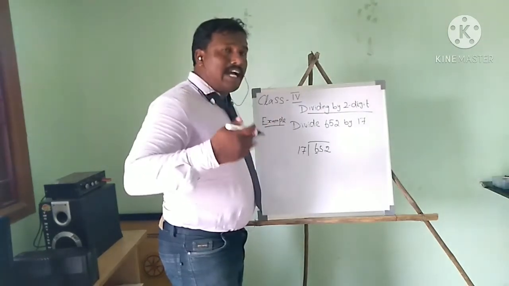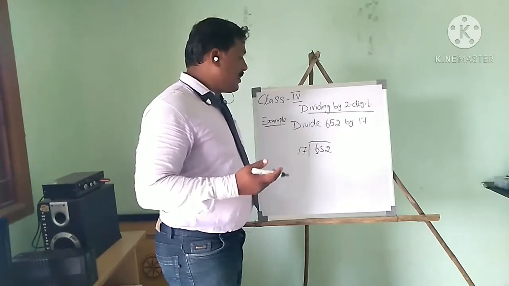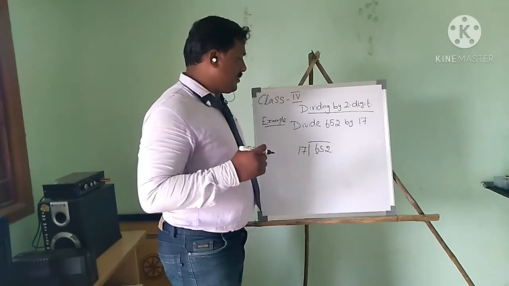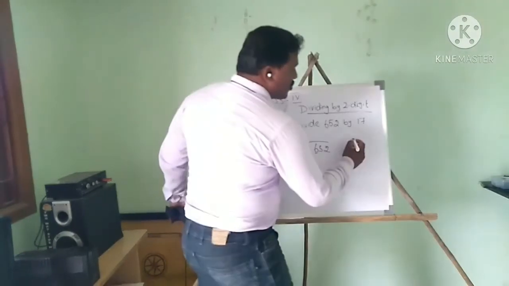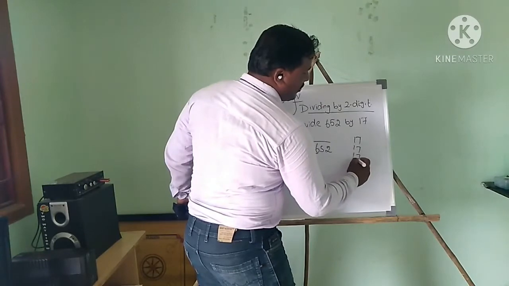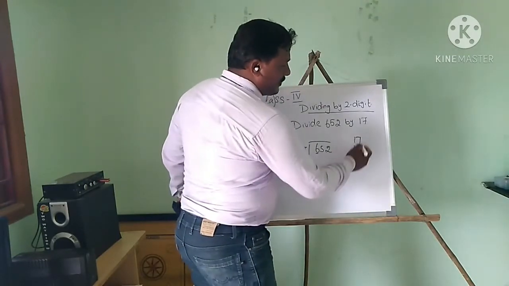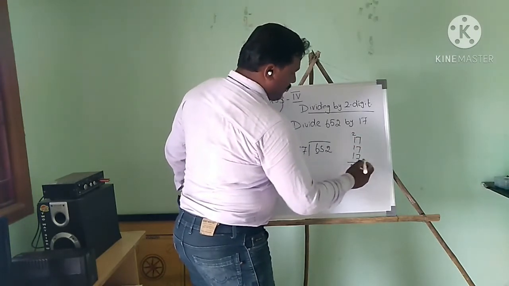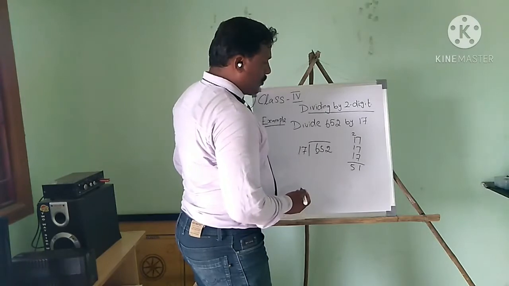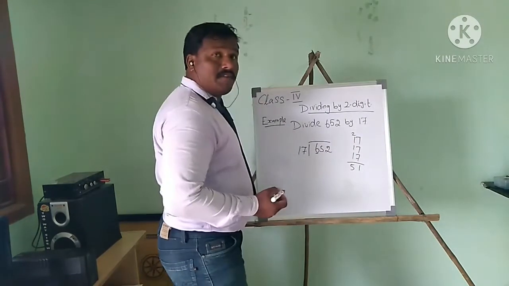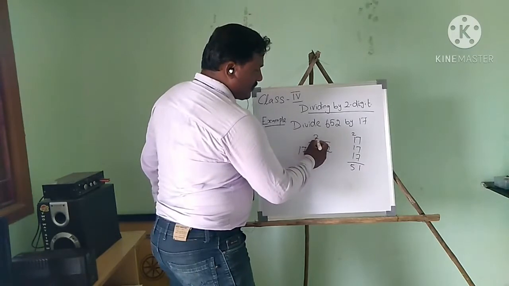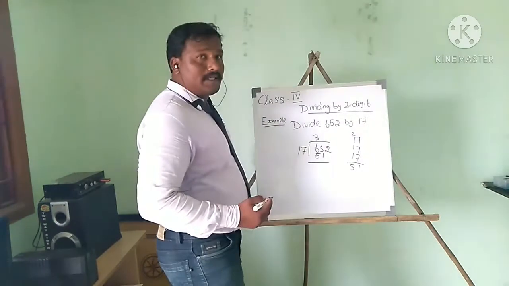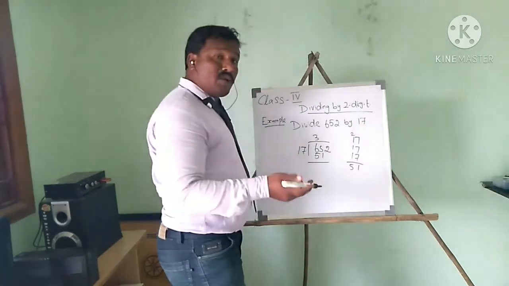Let me take an example, 317. 17, 17, 17. If I add, 3 sevens are 21, 2 remainder, 3, 4, 5, 51. So 3 17s are 51.